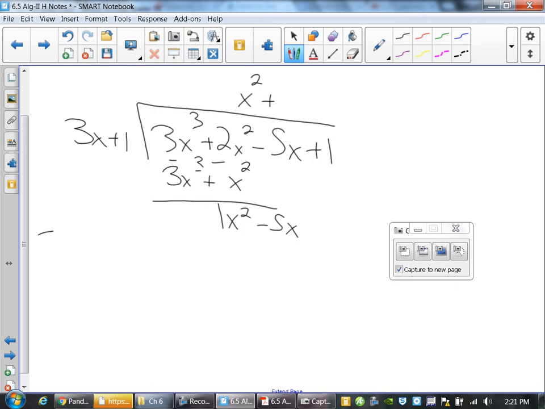So 1/3 x, obviously. 3 times a third is 1. So we get 1x squared plus 1/3 x, distributing to both parts.